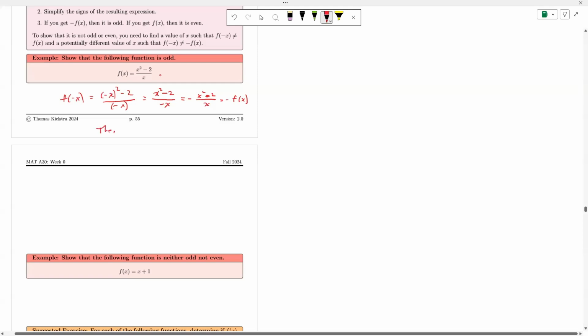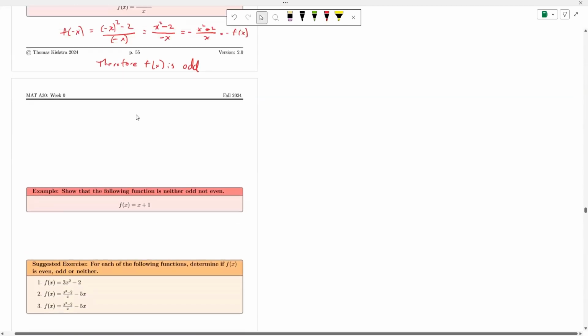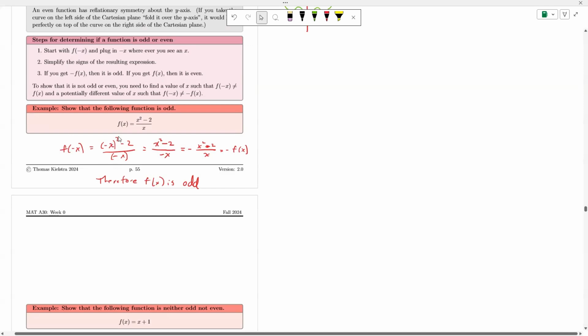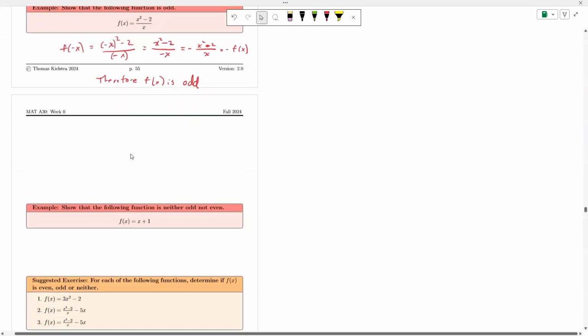Therefore, f of x is odd. Now, here we've shown the function is odd. We plugged in minus x, we simplified our signs, and we got that it equaled minus f of x. What about showing a function is not even or odd? Well, what we have to do is come up with two values: one value where f of minus x doesn't equal f of x, and one value where f of minus x doesn't equal minus f of x.